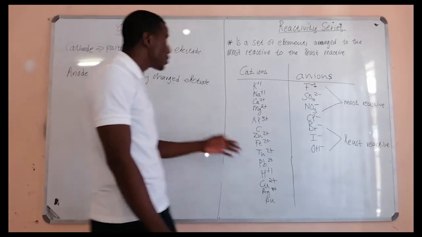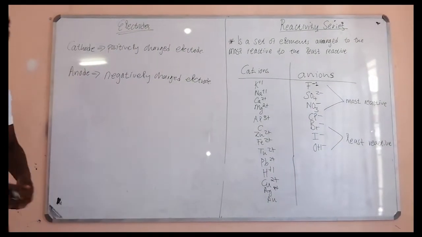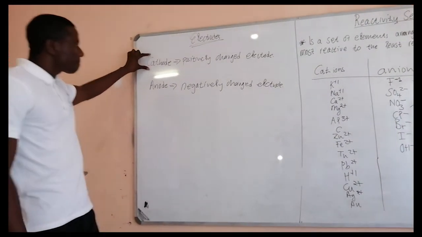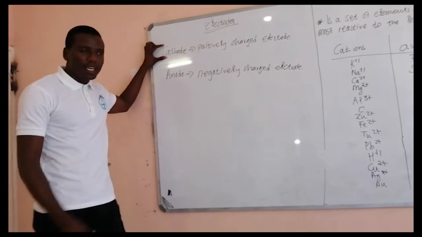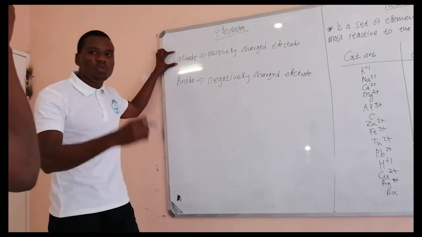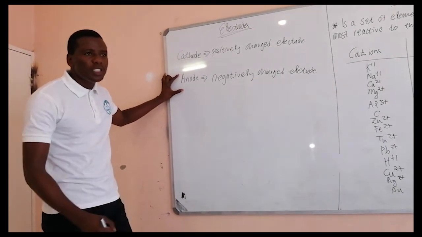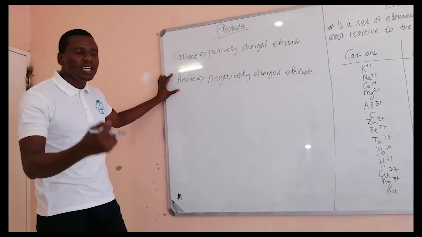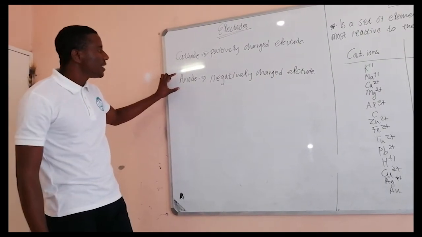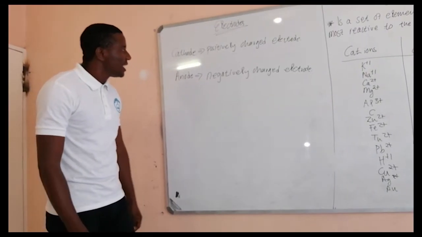Now let's go back to our diagram here. At the cathode, like I said, we will always find the cations. At the anode, we will always find the anions.